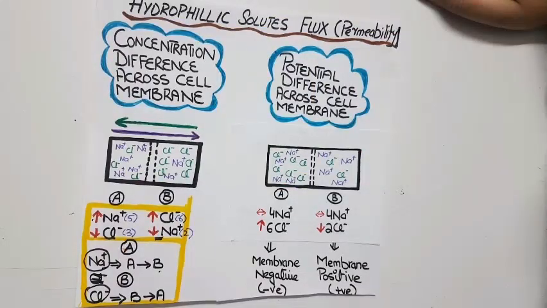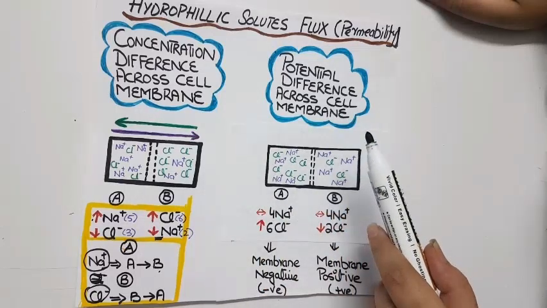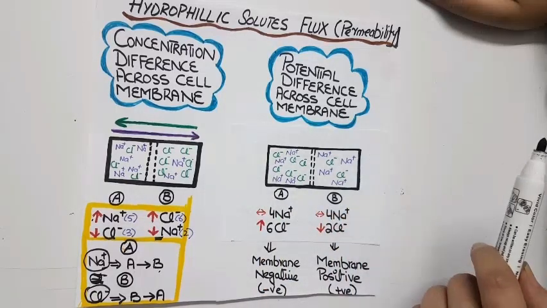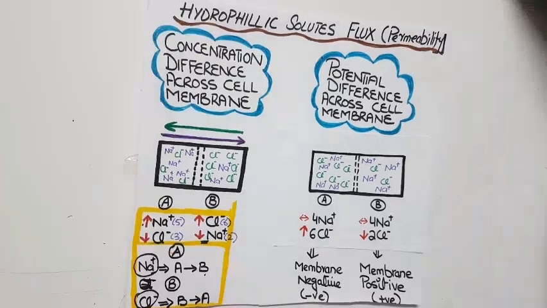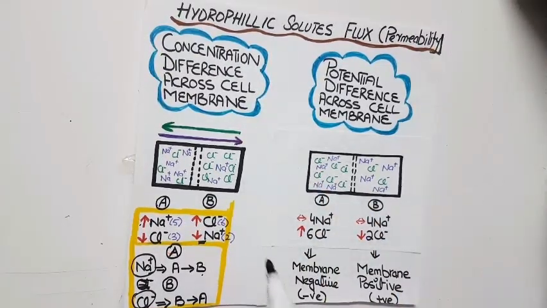Factors that affect the permeability or flux of ions are concentration difference across the cell membrane and potential difference across the cell membrane. So what is this concentration difference across the cell membrane?